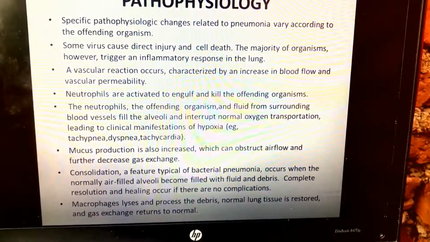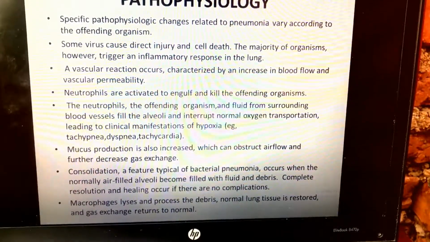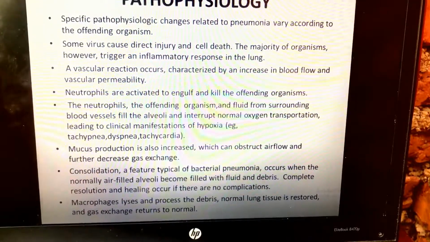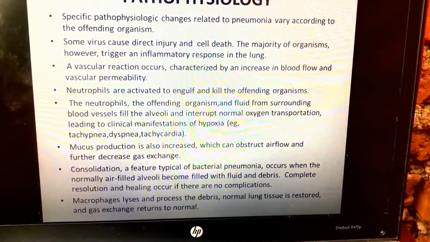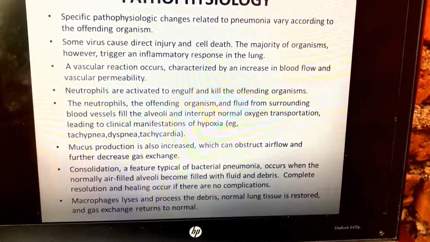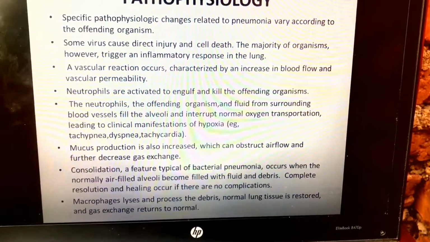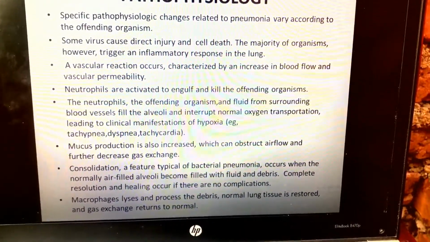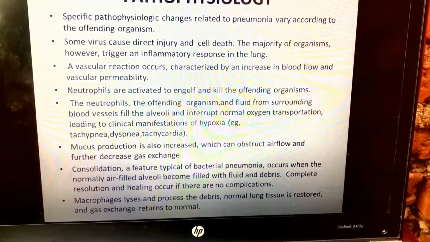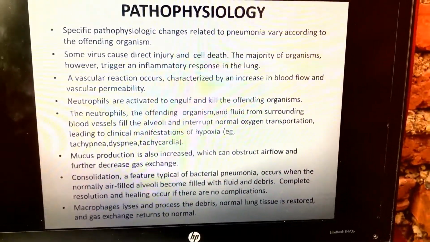Complete resolution and healing occur if there are no complications. Macrophages ingest and process the debris. Normal lung tissue is restored and gas exchange returns to normal.